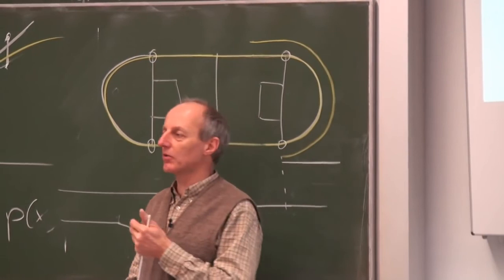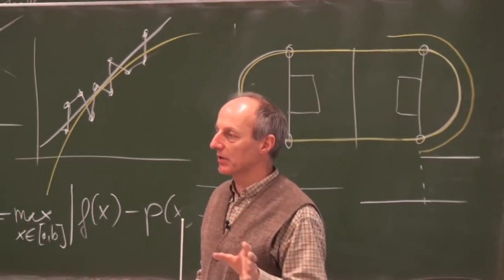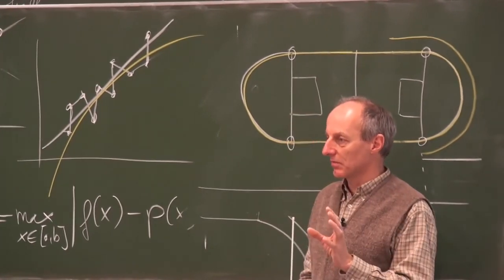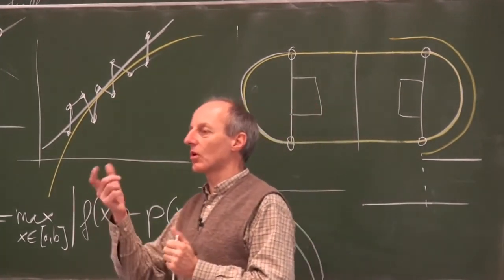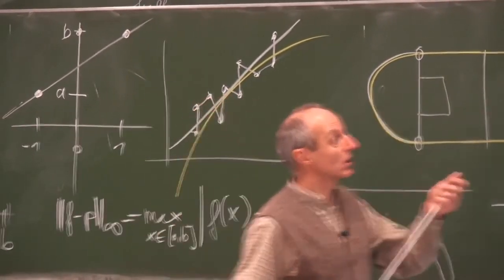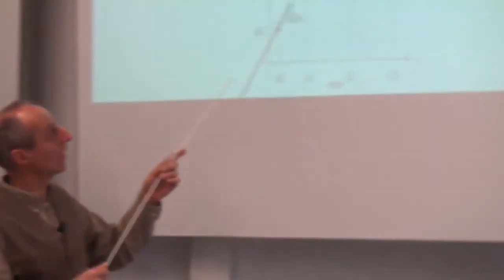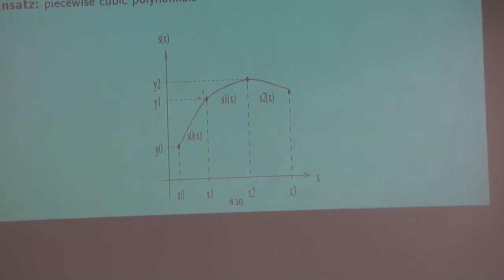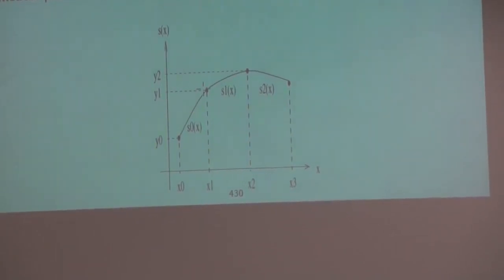Now, we will get a linear system of equations quite soon. Let's first talk about the unknowns. We are talking about polynomials. Here we have 3 polynomials from 4 points. Each one of these 3 cubic polynomials has how many parameters? 4.